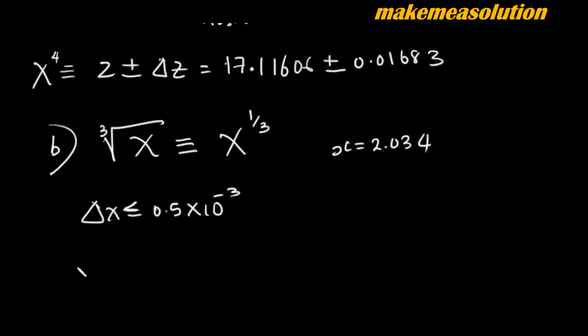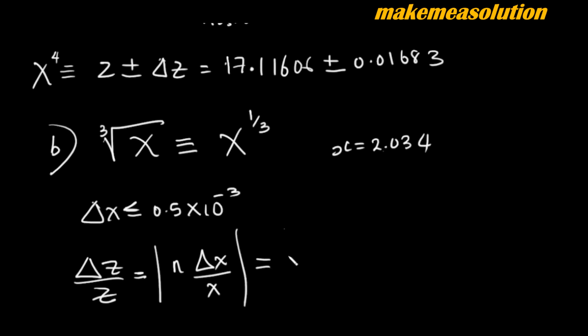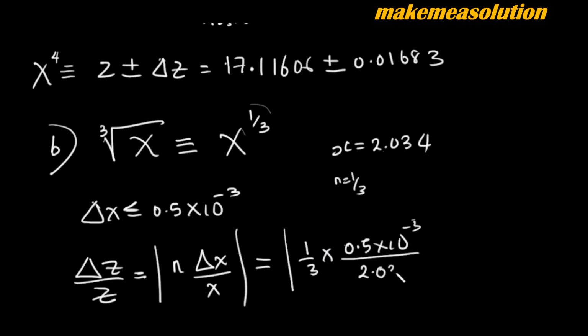So having gotten this value, what remains is for me to now evaluate the relative error. That's delta z over z is equal to, according to the formula, n times delta x over x. Here n is 1 over 3, because it's the power of x, times delta x, which is 0.5 times 10 to the power of minus 3, all over x itself, which is 2.034.